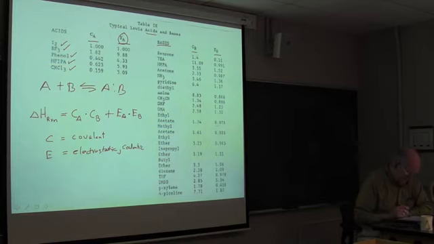For instance, I also need to explain one other thing. In order to measure these numbers, he had to choose a reference acid, okay? A reference acid for the covalent and a reference acid for the electrostatic, and he chose iodine.